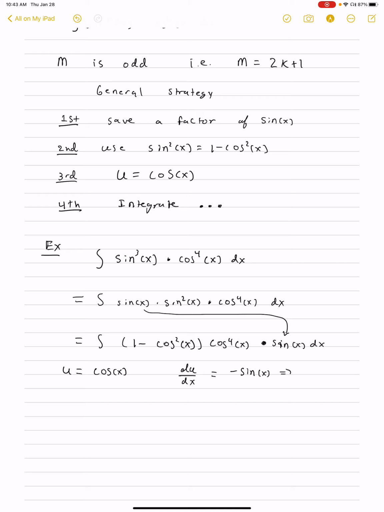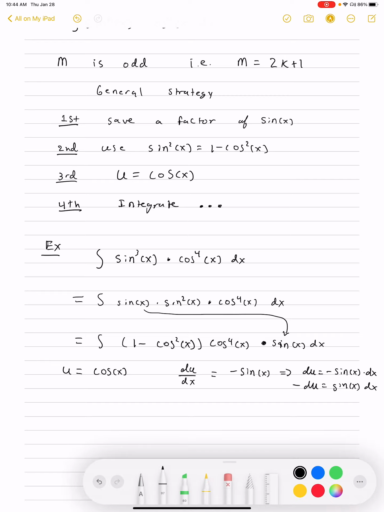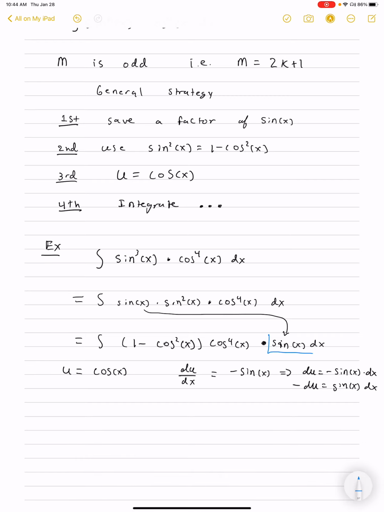So this tells me that du is going to be minus sine of x times dx, or minus du is equal to sine of x dx. And notice that this term right here is exactly given by this right here. So I'm going to replace that by minus du.